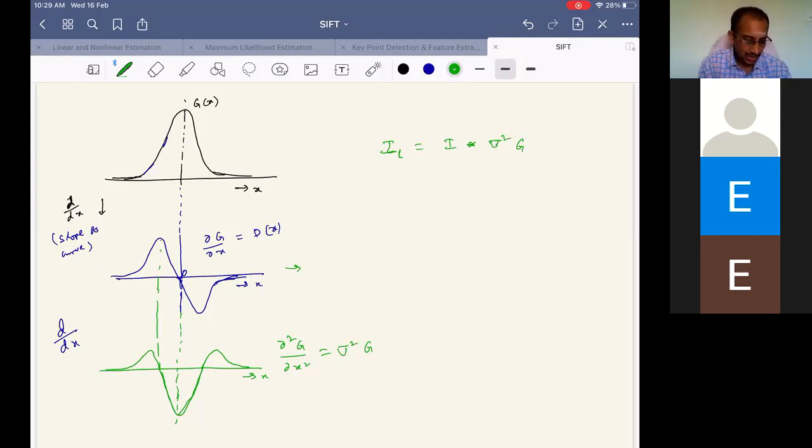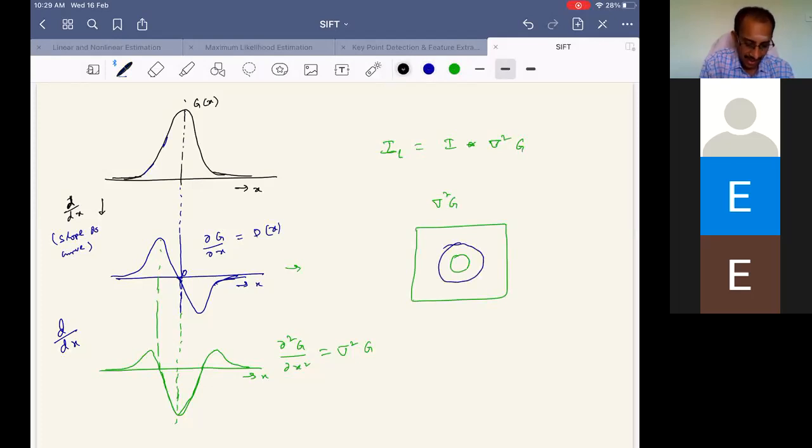Why do you think edges get highlighted? Imagine it in 2 dimensions. It has a dip at the center. In 2 dimensions, the Laplacian of Gaussian, del square G, will have different intensities in different regions.